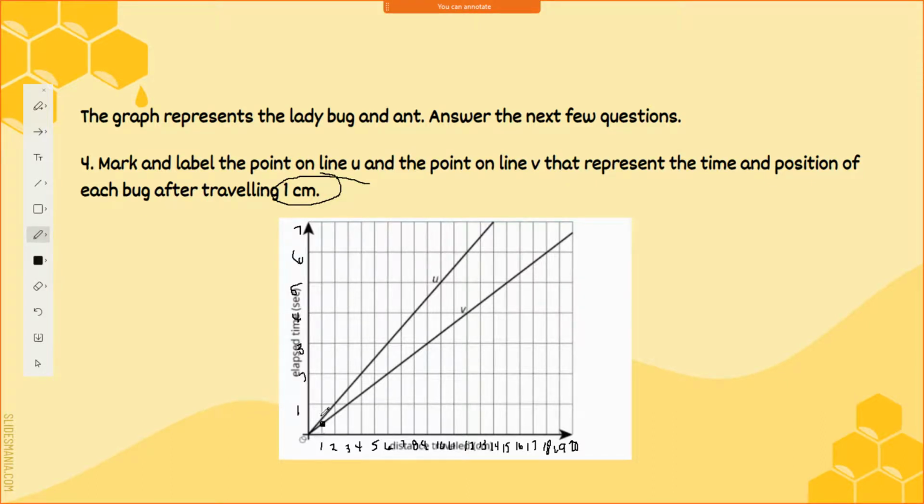So I'm going to follow the line up and draw a point for each line. There's my point for my first line, and there's my point for my second line. Using that, I can tell that the ant hit 1 centimeter at probably around 1/4 of a second. But the ladybug took about half a second to get to 1 centimeter.